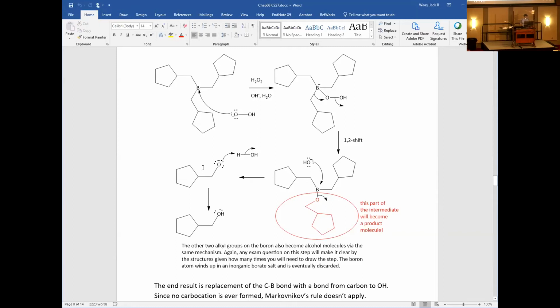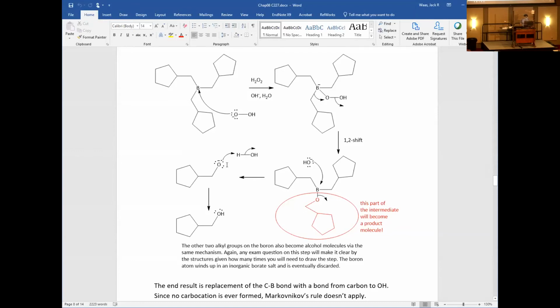You need to account for formation of the product shown from the starting material shown using the reagents shown. And I would not be shocked if I used that very language in my old exam. So when you go and look at that, I think you'll see that's the case.